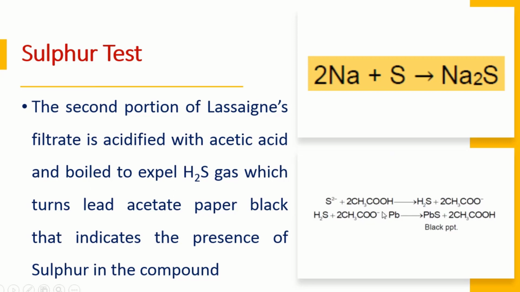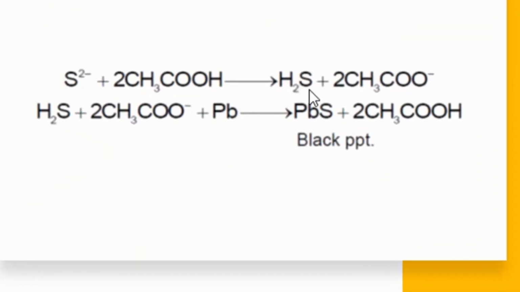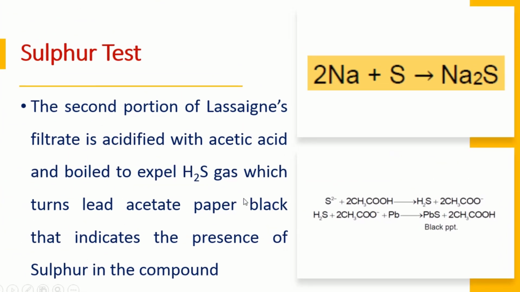So by adding acetic acid into the sulfide, it will produce hydrogen sulfide gas. And then you add the lead acetate paper into that. So this lead acetate paper will react with H2S to make black lead sulfide precipitate. So we can say that if it turns lead acetate paper black, that indicates the presence of sulfur in the compound. So this is about the sulfur.